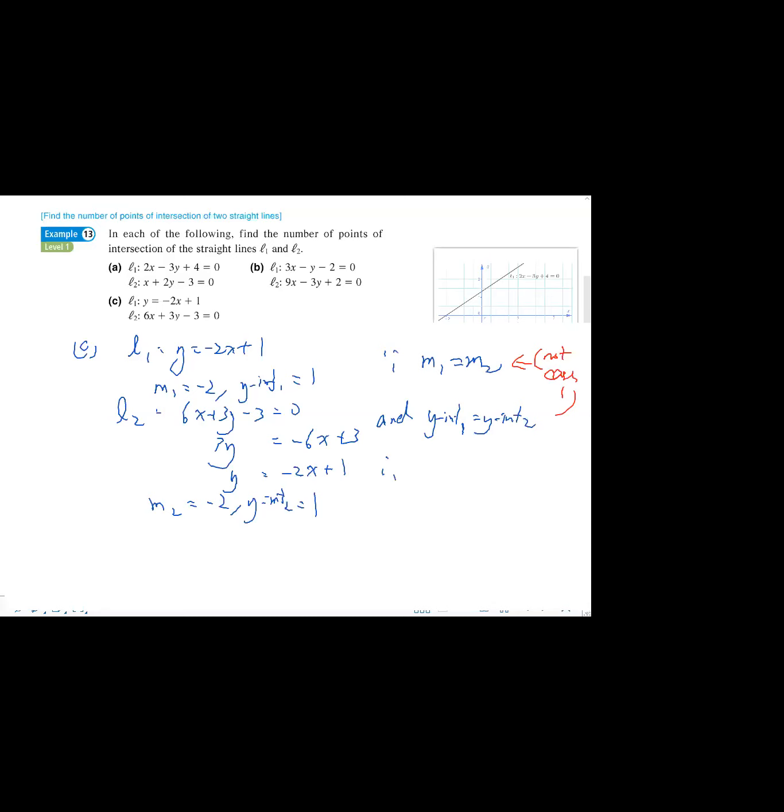Therefore, they are parallel lines and they pass through the same points, so they are actually overlapping with each other. So there are infinitely many intersection points. Okay, so that is the answer.